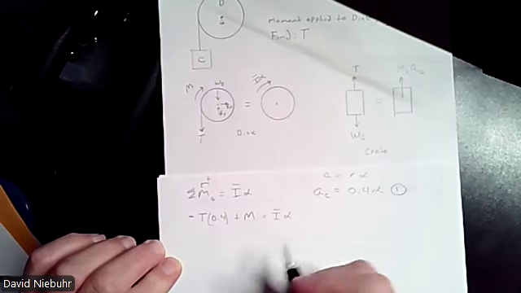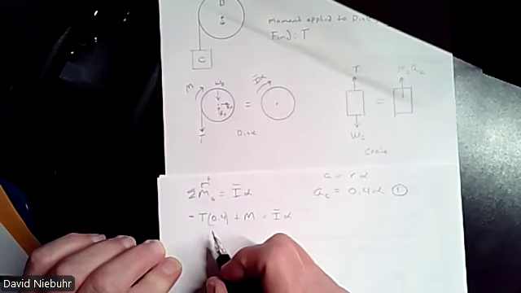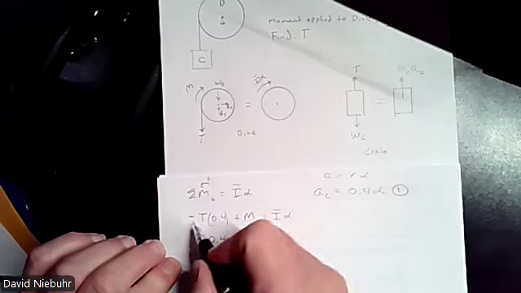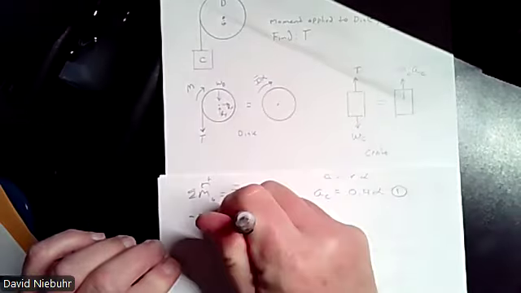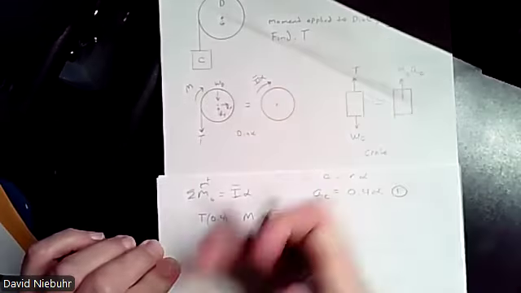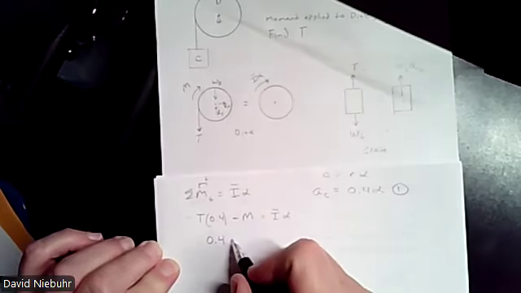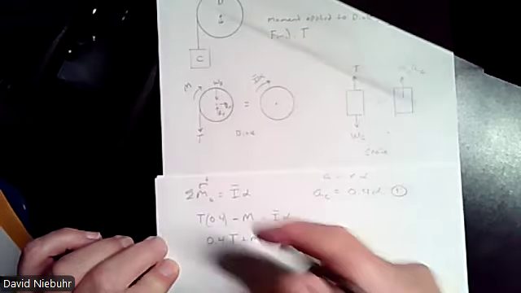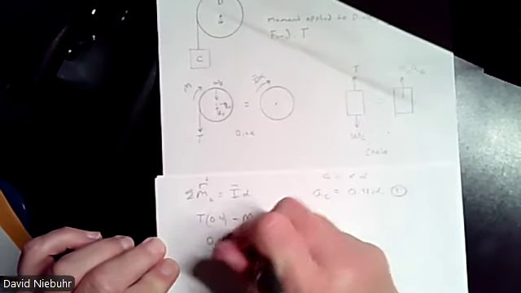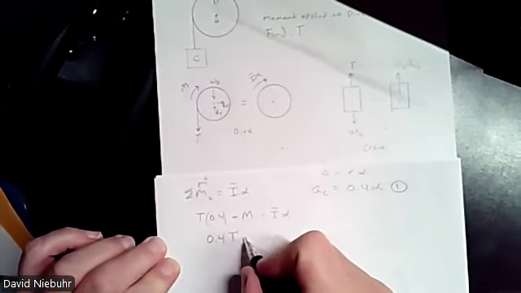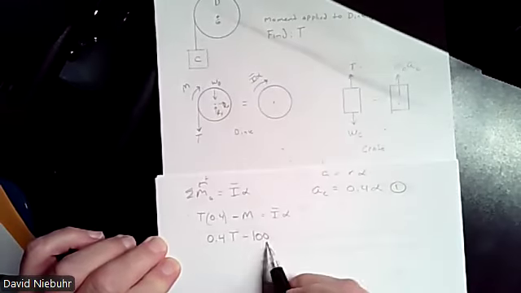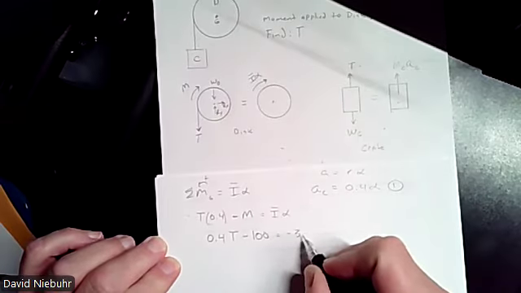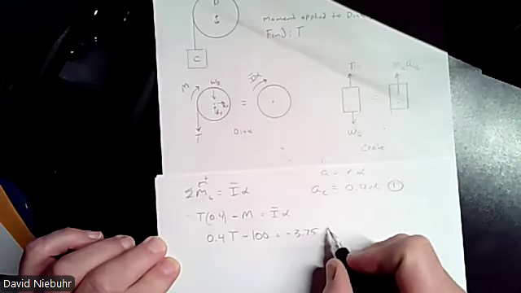If I simplify that, I get 0.4 T minus M, and M is 100, given, equals negative 3.75 alpha.